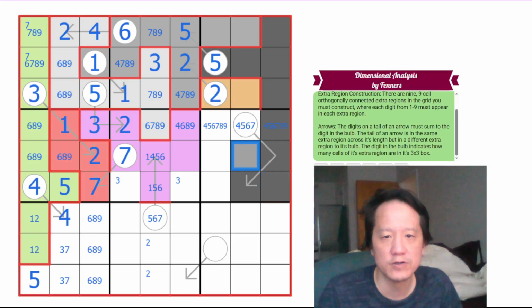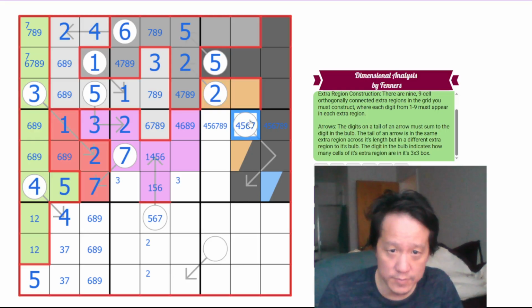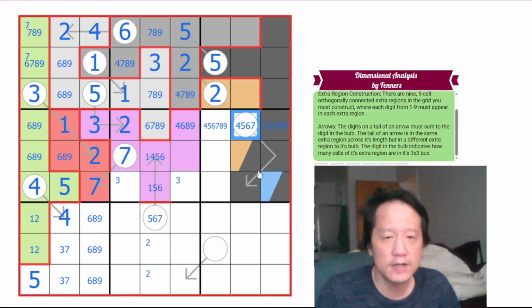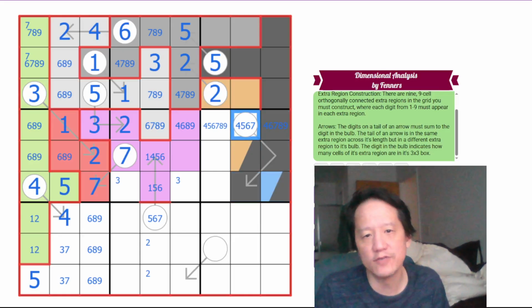This could be part of orange. This could be part of some blue cell going that way. So this can never be 5 then. This is always at least 4 darks here. So this can never be 6 or 7.